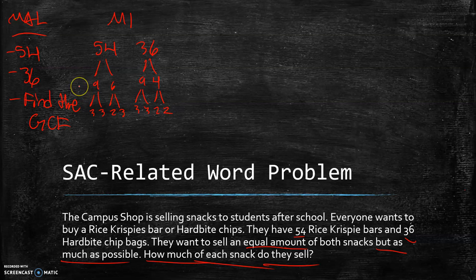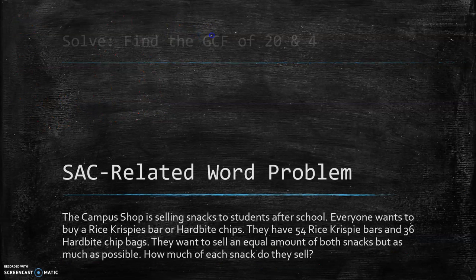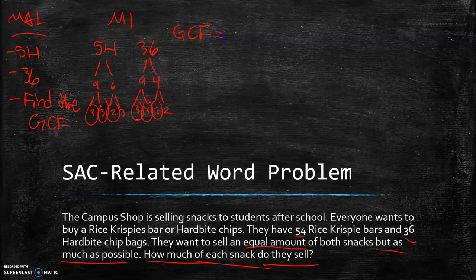Then I would circle the prime factors each number has in common, which is 3, 3, and 2. Then I would create a GCF equation where I would multiply the common prime factors together, which is 3, 3, and 2. So then 9 times 2. And then therefore the GCF is 18.